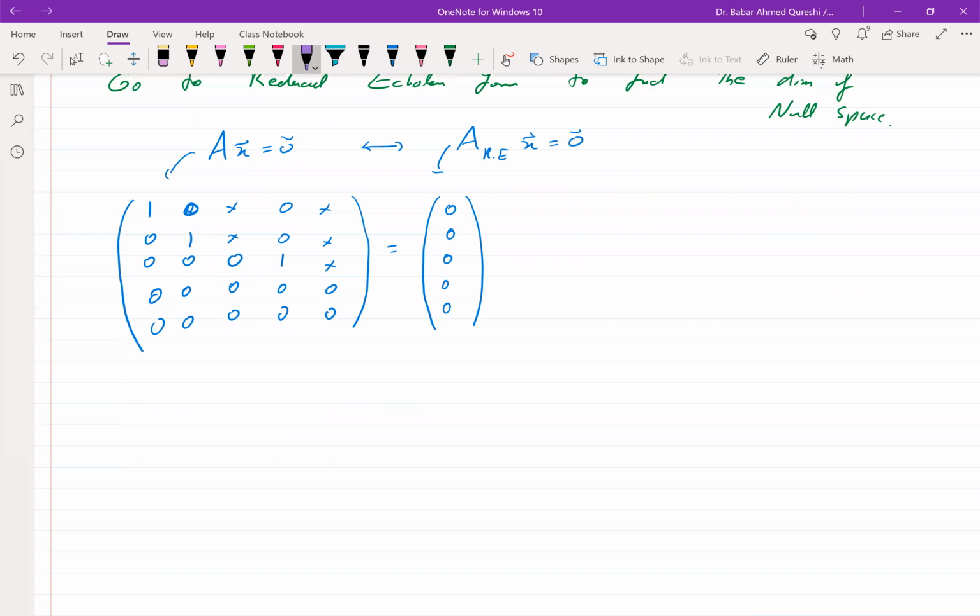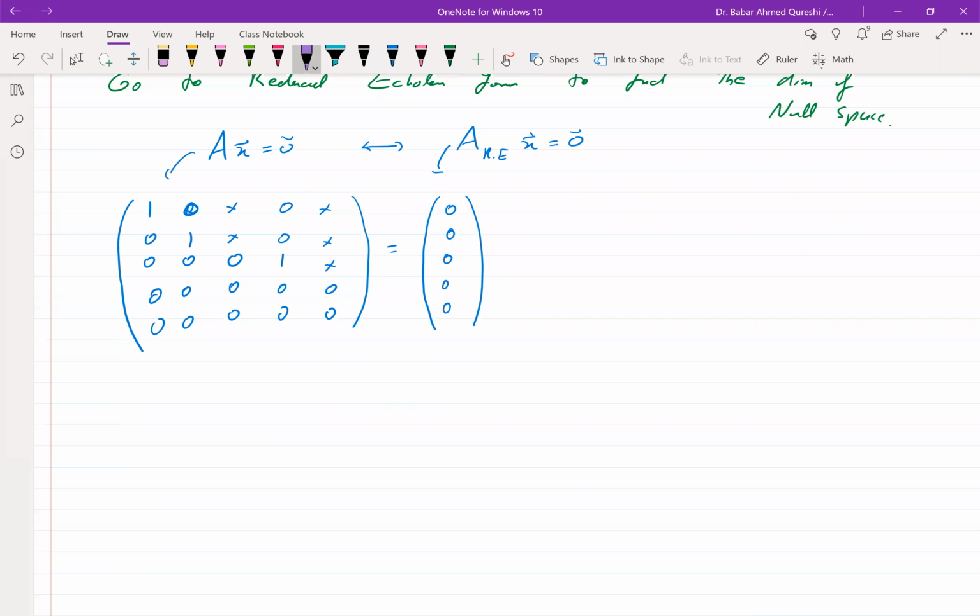This is something like A alpha plus B beta. For x2, again I will have C alpha plus D beta. And for x4, since it's over here, it will have just the beta, say E beta.